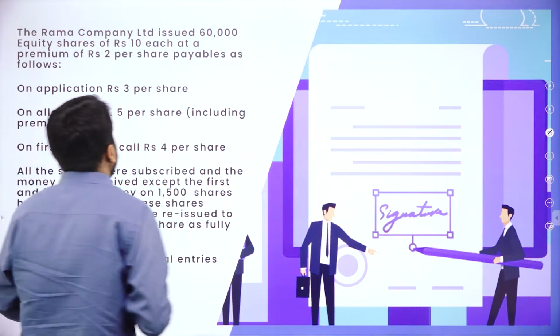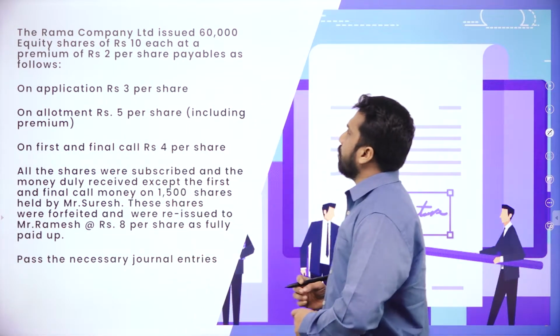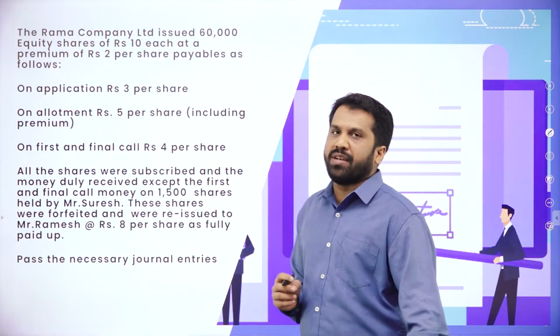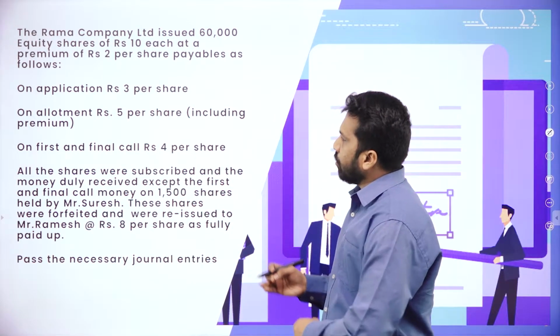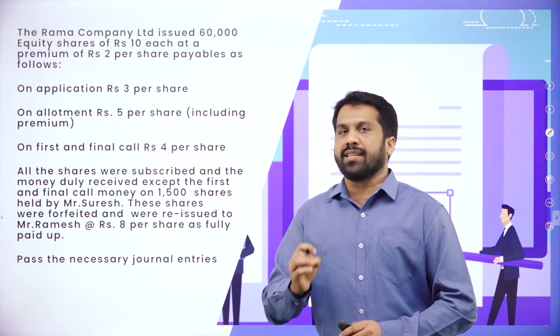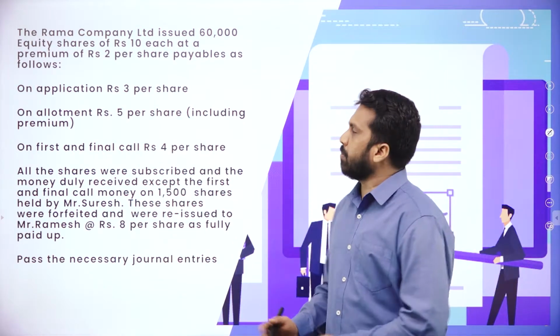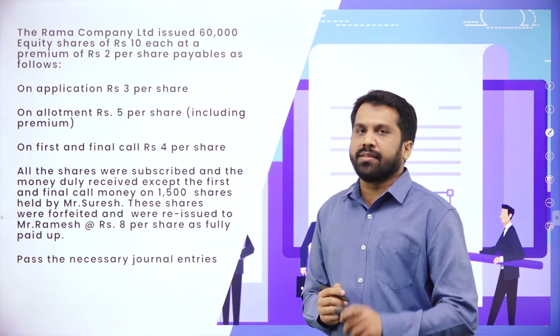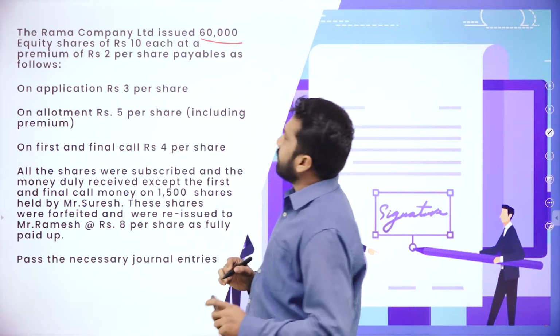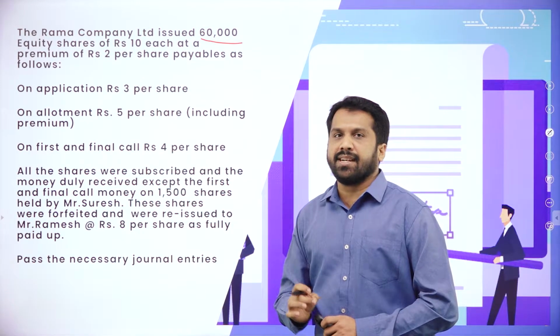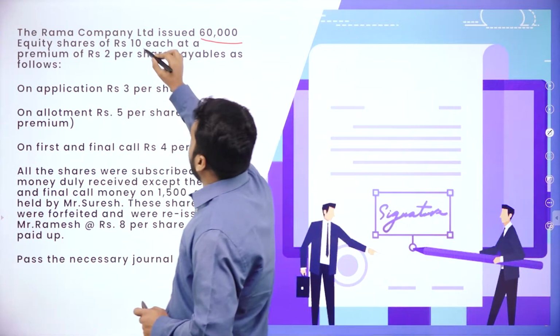The Rama Company Limited issued 60,000 equity shares of rupees 10 each. As I told you, while reading the question, you have to concentrate on the numbers. You have to remember these numbers. Now, how many shares are there? There are a total of 60,000 shares. What is the share value?